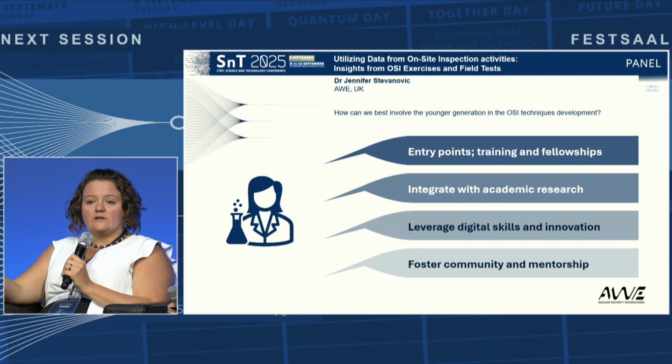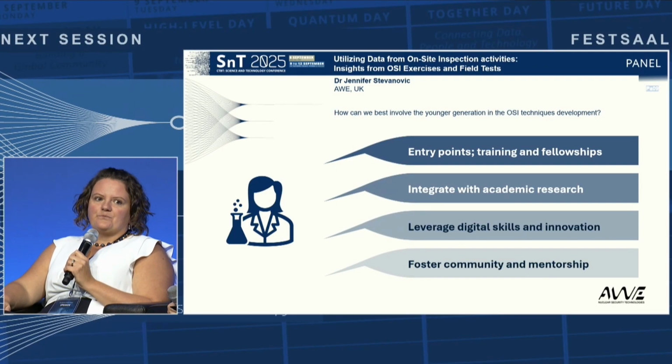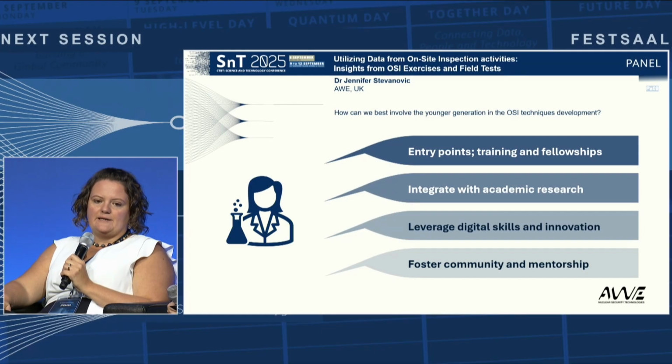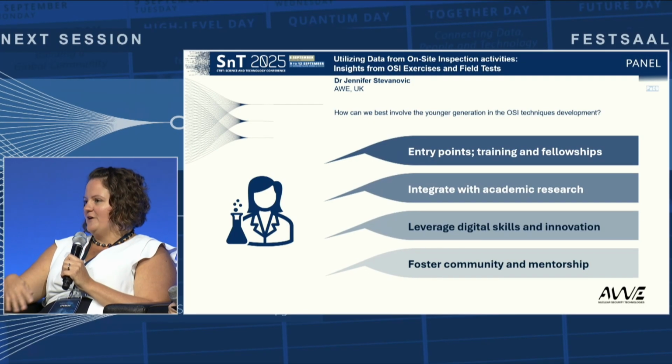Integrating more broadly with academic research and other industry partners, I could have also written on here. I know we do that already, but we could always do more, with a broader range of universities globally.